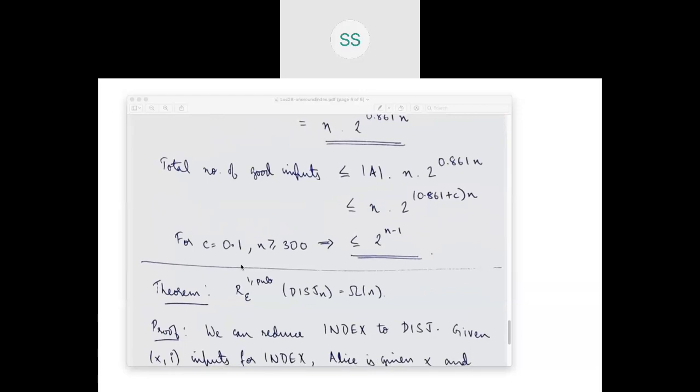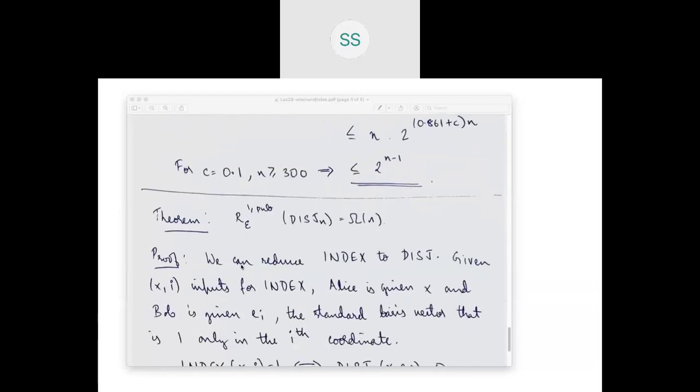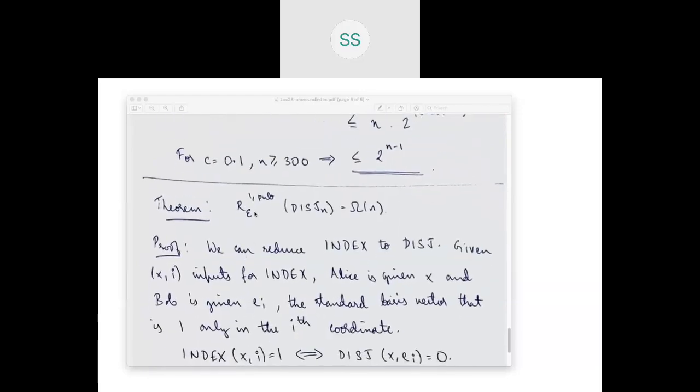And finally, I just want to state one other result. We have seen that for disjointness the lower bound is square root n, and I also remarked that there is a linear lower bound, but I have not shown that in the class. But for the one round lower bound of disjointness, there is an easy proof.